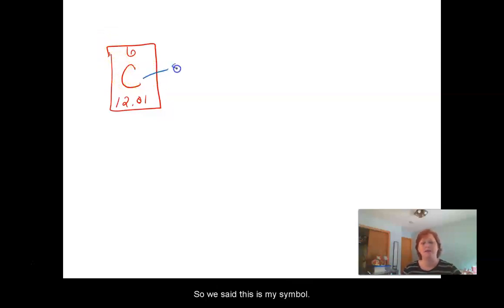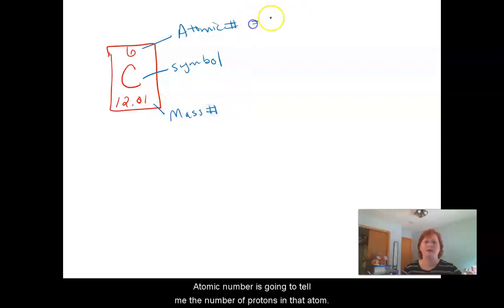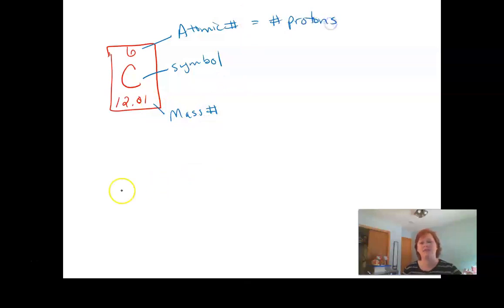So we said this is my symbol. This number up here, that's a whole digit, is my atomic number. And the number down here is my mass number. Now my atomic number is going to tell me the number of protons in that atom.